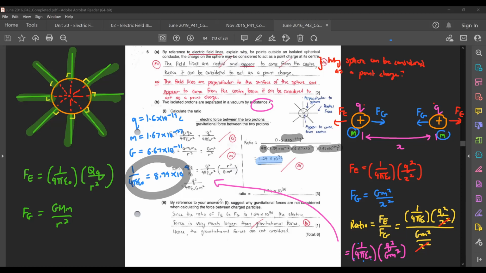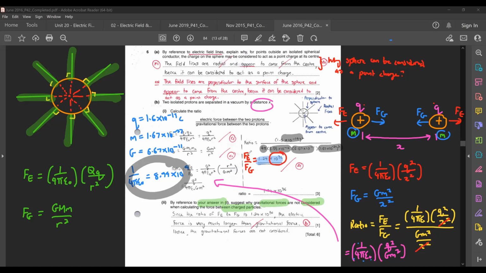By reference to your answer in 1, suggest why gravitational forces are usually not considered when calculating the force between charged particles. You already calculated the ratio of Fe to Fg, and it's 1.24 times 10 power 36.